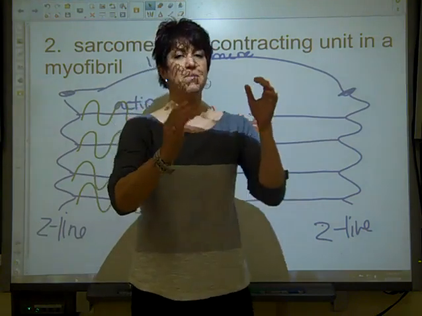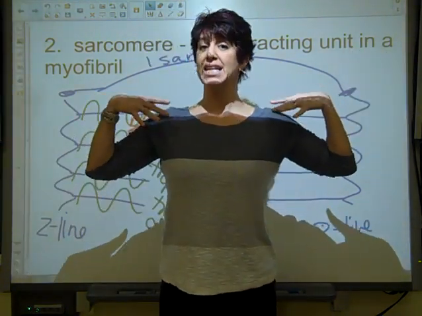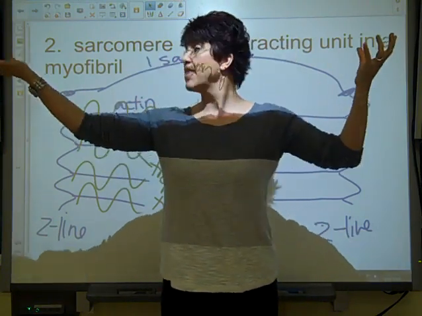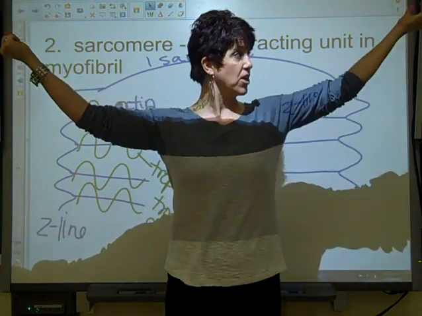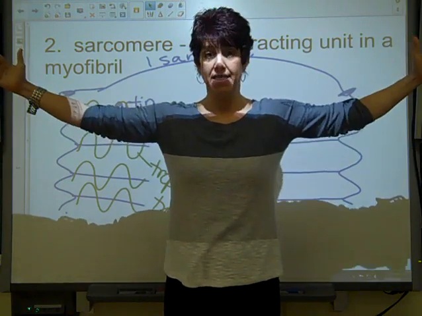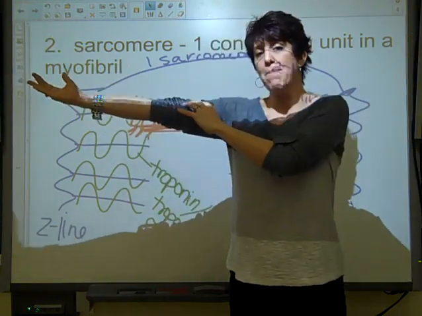So if I stand here in the middle and I'm myosin, there's Z-line and Z-line, and I'm in the middle, I'm not attached to the Z-line. I have these heads, which are my hands right now, that want to grab onto actin and pull it in. And if you can picture that for a second, the Z lines will pull in, and that is a contraction. So here's my bicep.